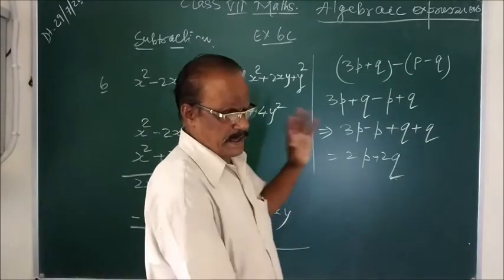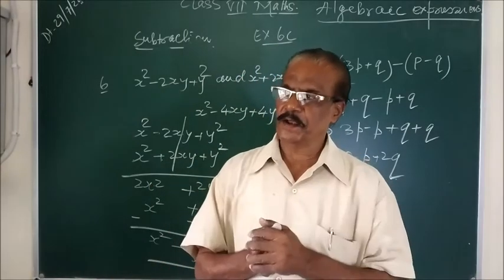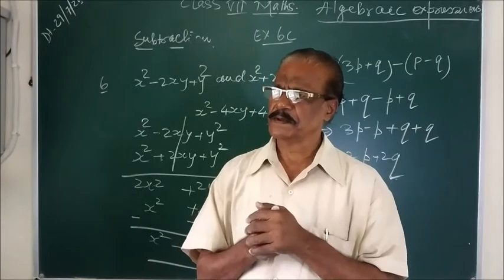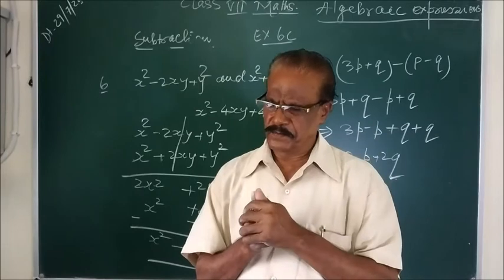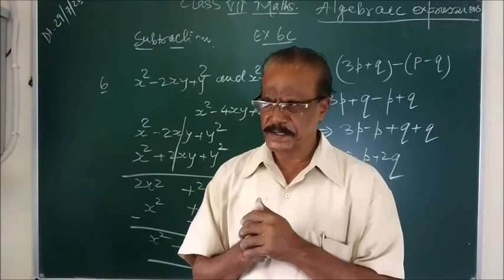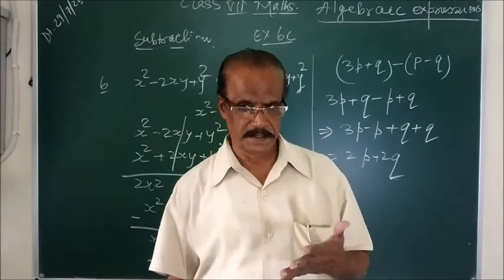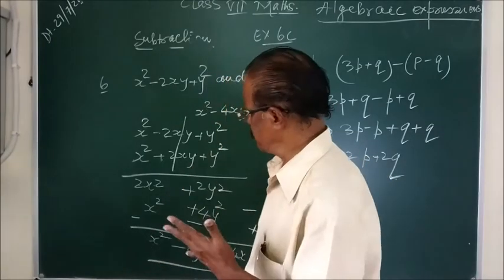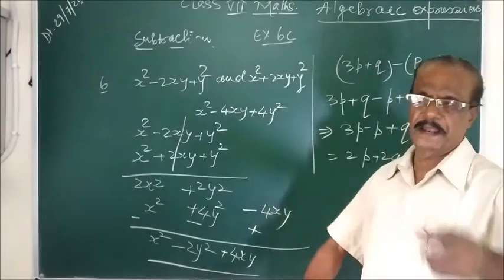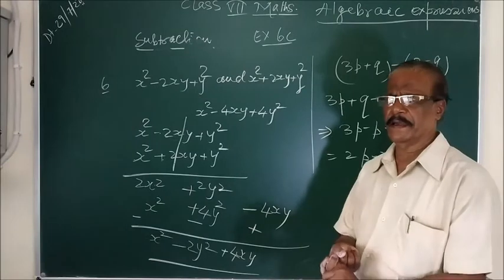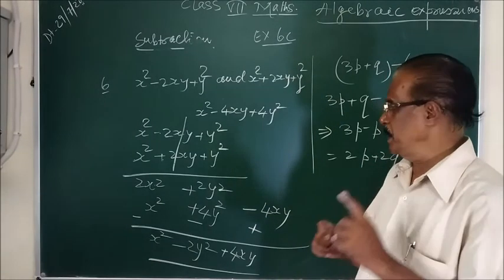तो आपने देखा कि in case of subtraction of algebraic terms, you have to learn two methods. One is column method, another is horizontal method. Process nearly same, but way of writing is different. लिखने का तरीका थोड़ा डिफरेंट है, लेकिन उसका जो प्रोसीजर है, उसका जो टेक्निक है सेम.